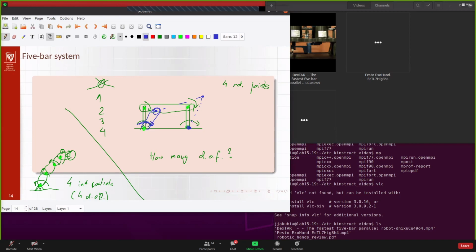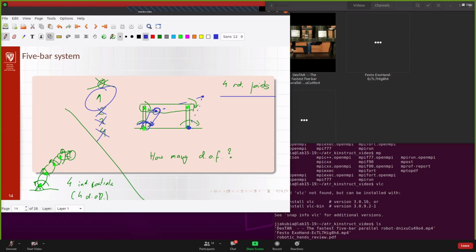And yeah, that's the correct answer, which says that we don't have this one. We have only 1 degree of freedom. So despite having 4 rotational joints, we can use only 1 actuator to drive this, because all the other positions of the joints are dependent on the first one.